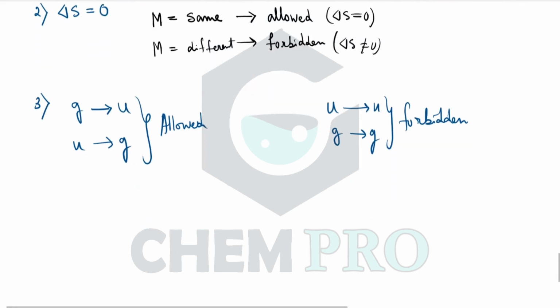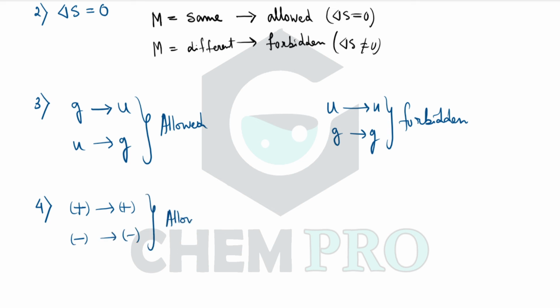And the last point is that for the parity sign, the transition from plus to plus and minus to minus will be allowed. And from plus to minus or minus to plus, these transitions are forbidden.